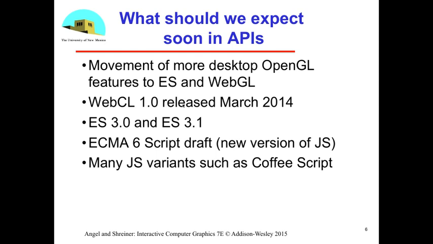And if you look at some of the things that are proposed to be in there, it becomes a language that's much closer to the kind of languages that you study, Java, C++. So some of the people I know who have looked at that are very excited by what's coming down, and that'll pretty much happen as soon as that becomes official. I think you can even find some sample implementations of the draft in Firefox, and probably some people have done it for Chrome. So that's something to keep an eye on.